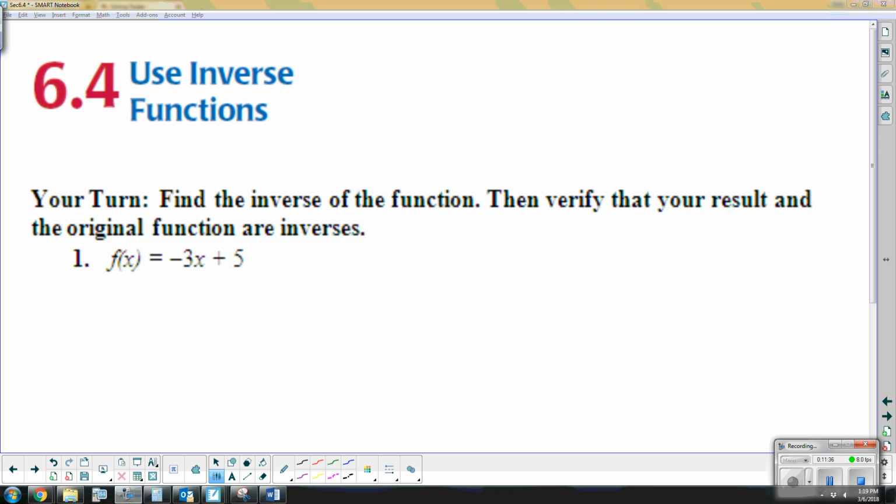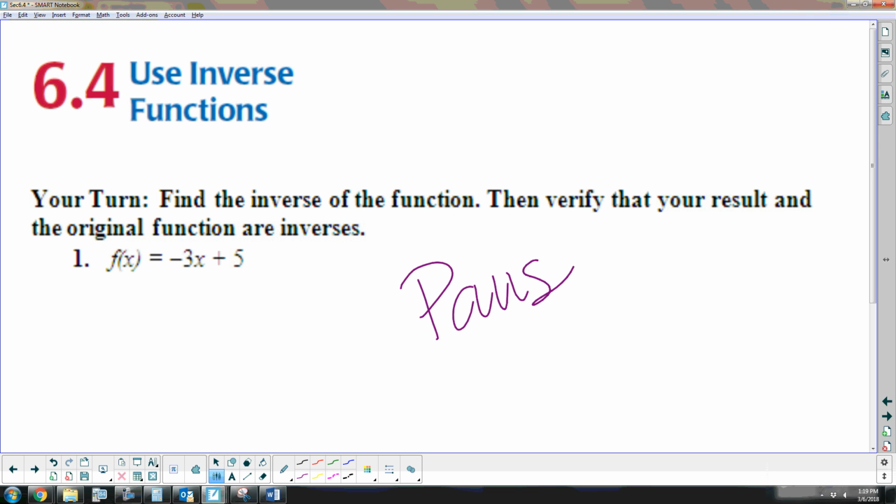So try the second one on your own. You can pause the video while you work. Follow the same steps that we did in the last one, where you're using your compositions in both directions. So the composition of the inverse of f and the composition of f and the inverse.